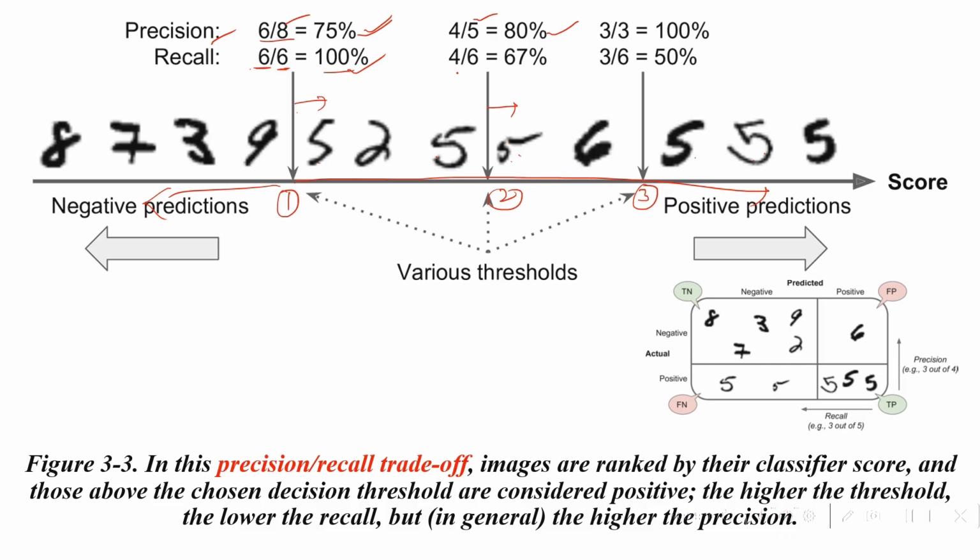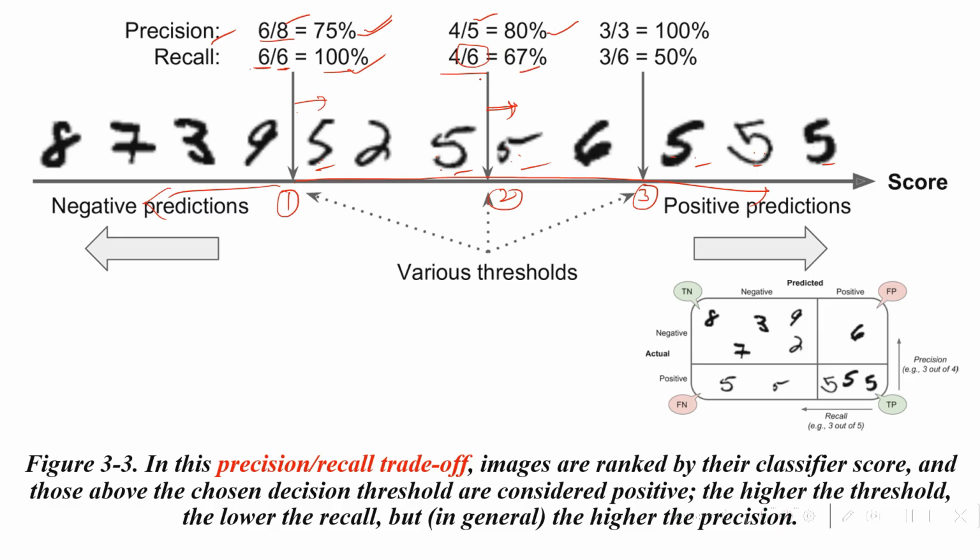For recall, the entire data set has 6 positive elements: 1, 2, 3, 4, 5, 6. Out of these 6 elements, how many positive elements are there beyond the threshold? 1, 2, 3, 4. That means 4 by 6, which is equal to 67%.